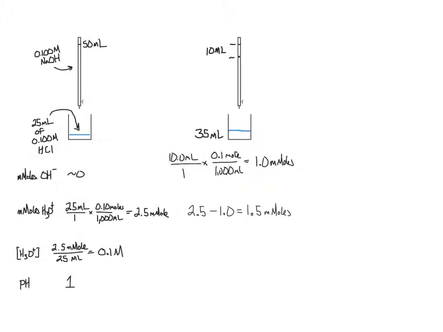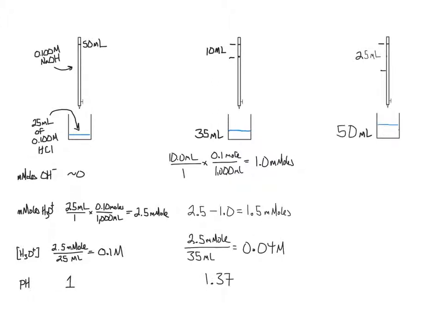The total volume is now 35 milliliters because we've added 10 milliliters of the sodium hydroxide solution. So the hydronium concentration is 1.5 millimole divided by 35 milliliters, which gives a concentration of 0.04 molar. The pH of that solution is 1.37.